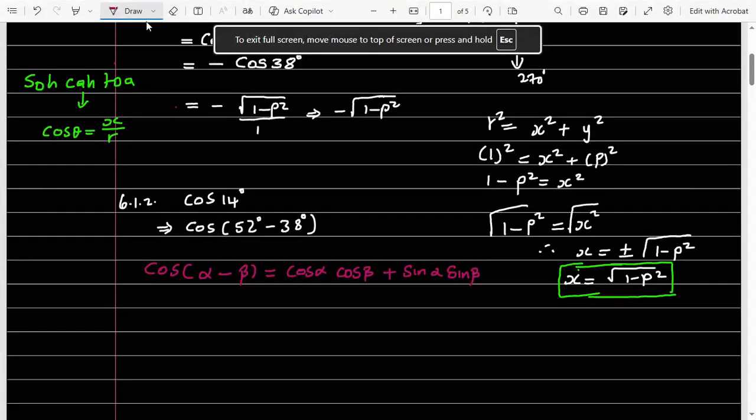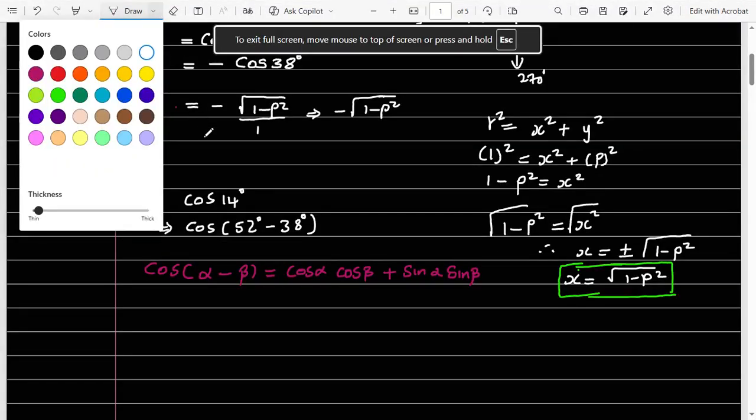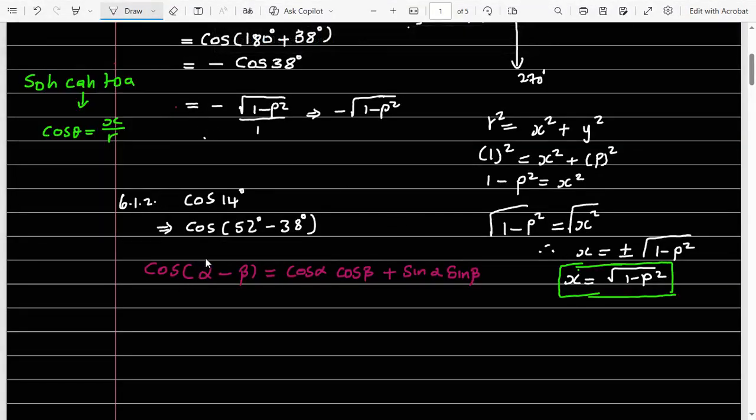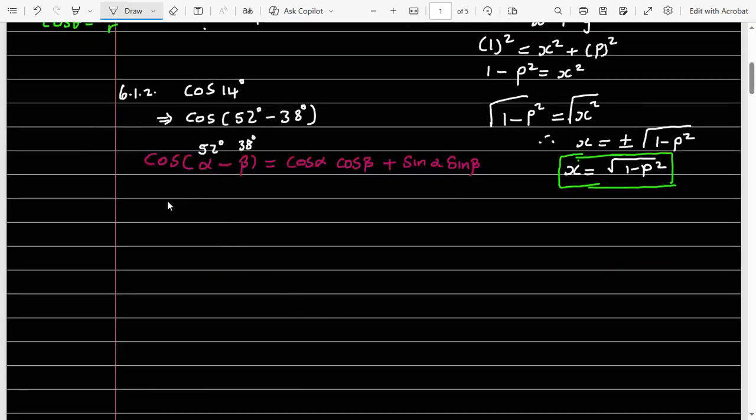I'm going to substitute and say I can let my alpha be 52 degrees and my beta be 38 degrees. So where there's alpha, we're going to put 52, and where there's beta, we put 38.